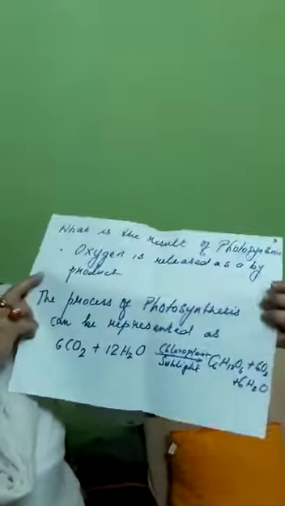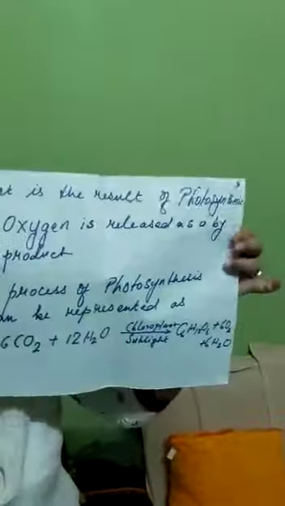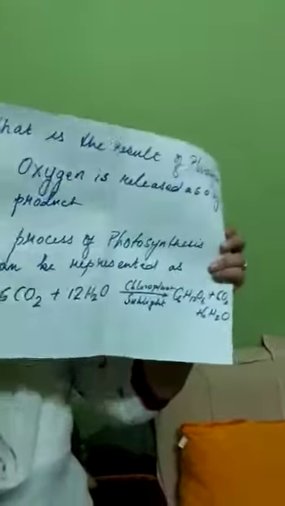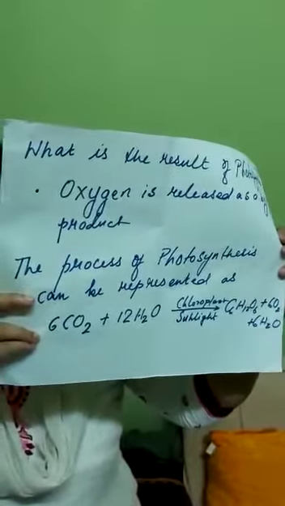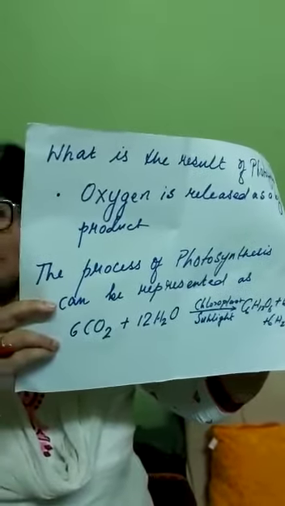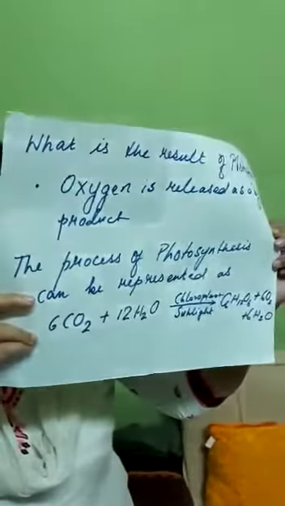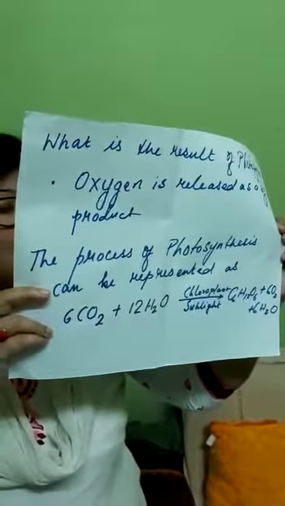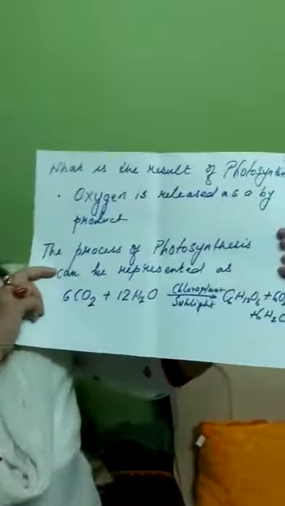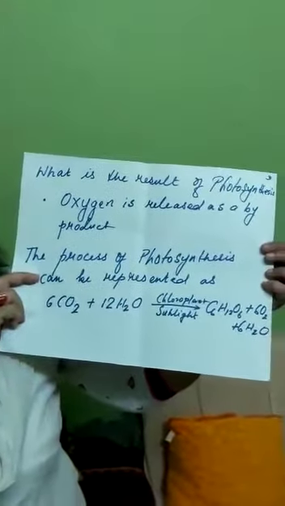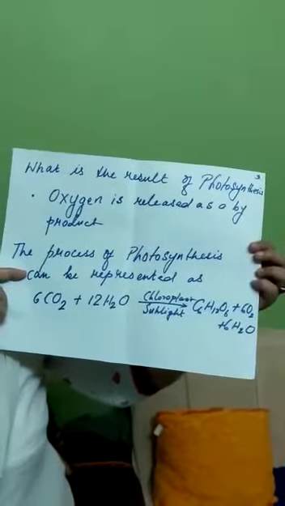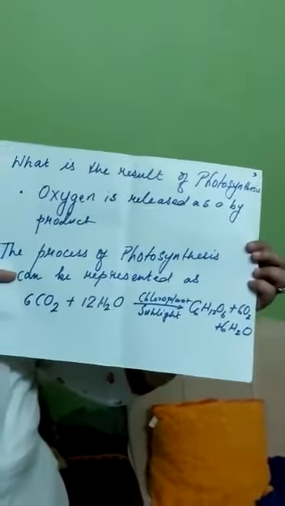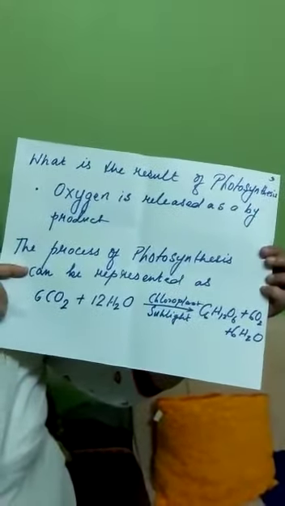Now, the process of photosynthesis can be represented by the following equation. This is the equation: 6 CO2 plus 12 H2O, that is 6 molecules of carbon dioxide and 12 molecules of water. It converts into C6H12O6, that is the formula of glucose, then oxygen, and of course water, in the presence of chlorophyll and sunlight.